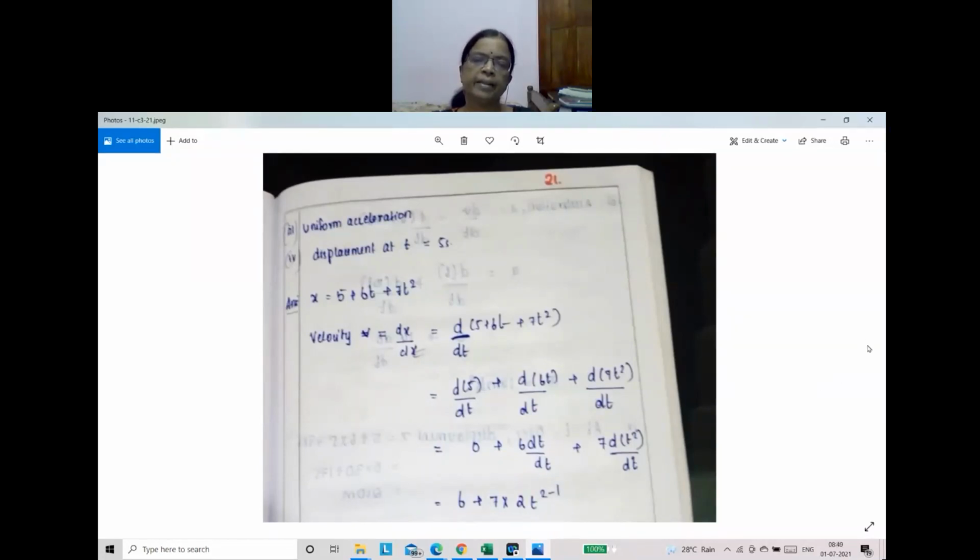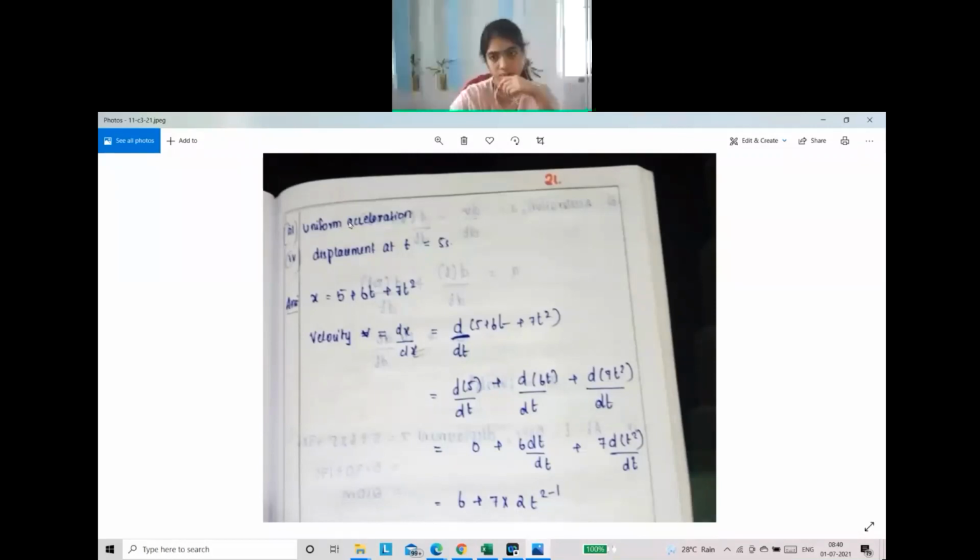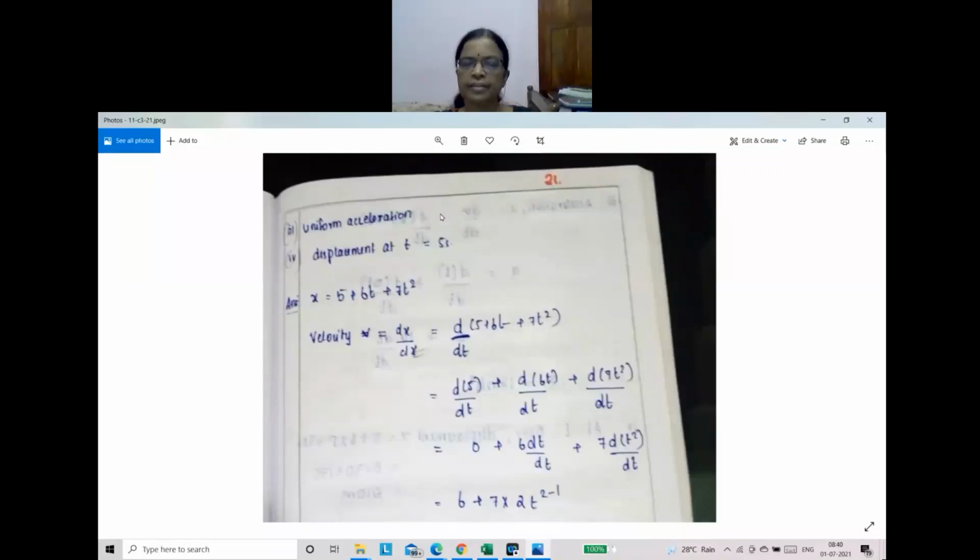Delta V by delta T. That is average acceleration. Here, if it is not mentioned as average, you have to see that it is instantaneous. So what is the expression for instantaneous acceleration? Delta V by delta T is average acceleration. When the limit delta T tends to 0, limit of delta V by delta T.